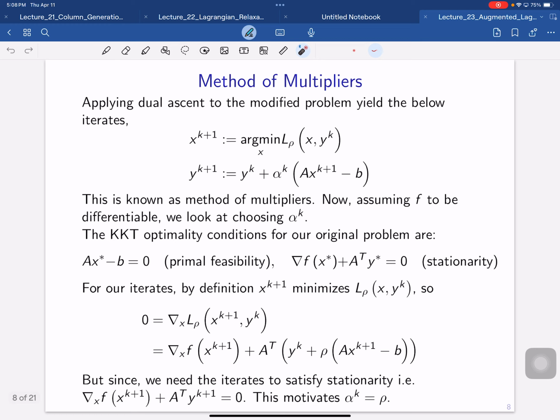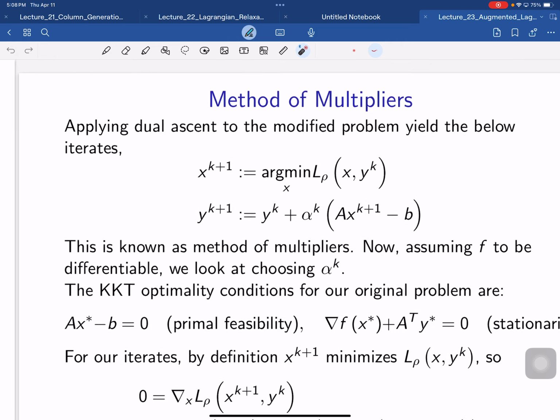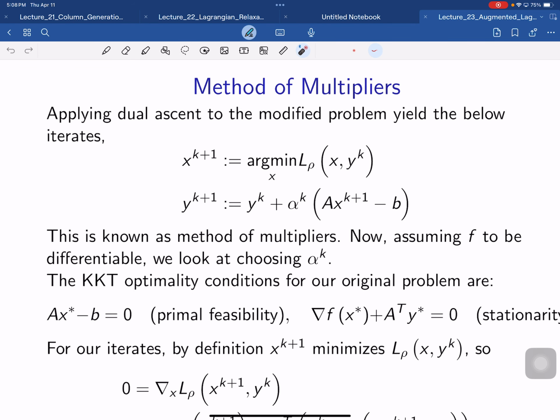Okay, so now let's modify this problem a little bit, and modify the algorithm a little bit. Then we will come up with a method called method of multipliers. The iterations of augmented Lagrangian are exactly the same as the dual ascent method. You are just first optimizing the primal variables while you fix the dual variable, then you update the dual variable by the gradient of the dual function through a step size alpha k.